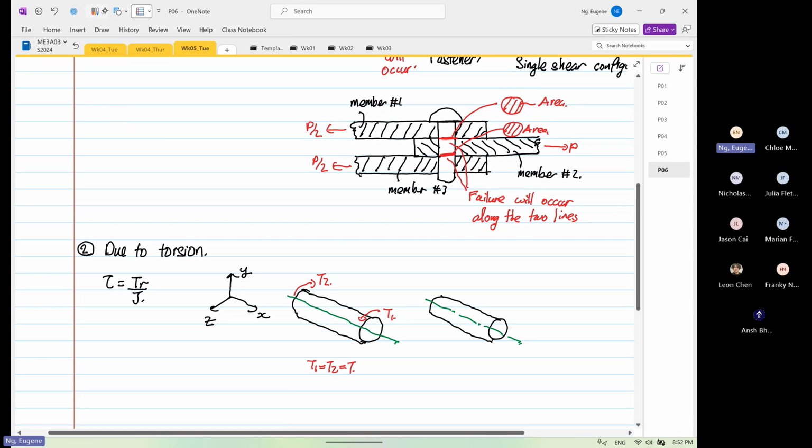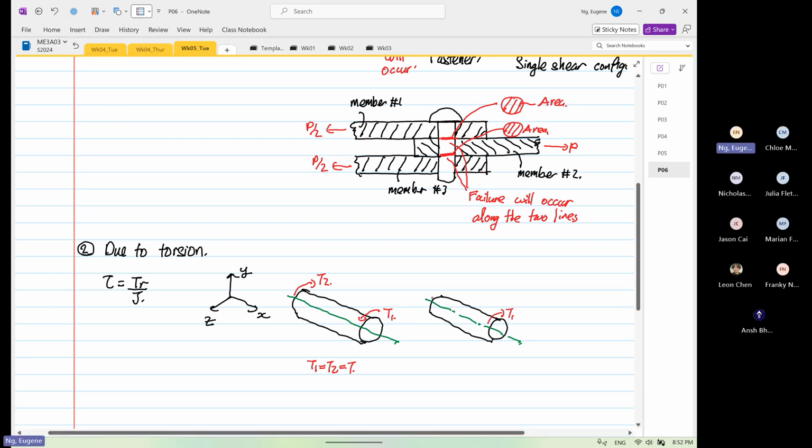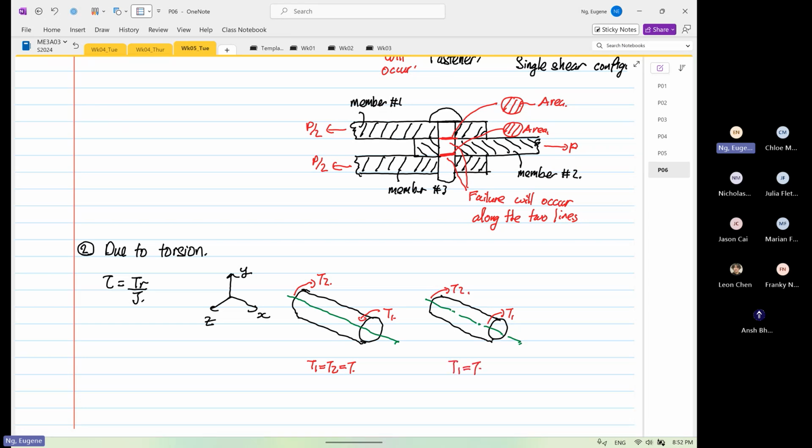Now, this is T1 and this is T2, and when T1 is equal to T2, the shear stress is equal to 0. If the magnitude and the torque are the same, there's no distortion or deformation. When it's opposite, there's deformation.